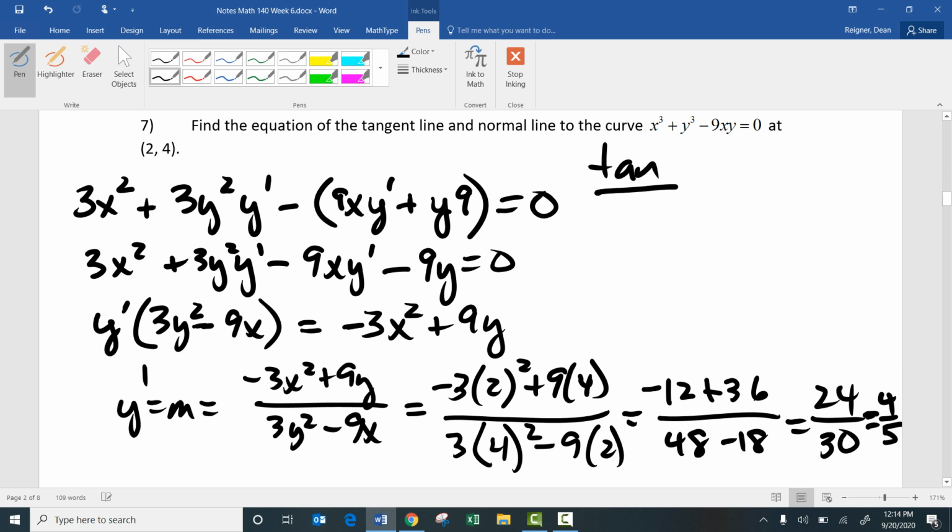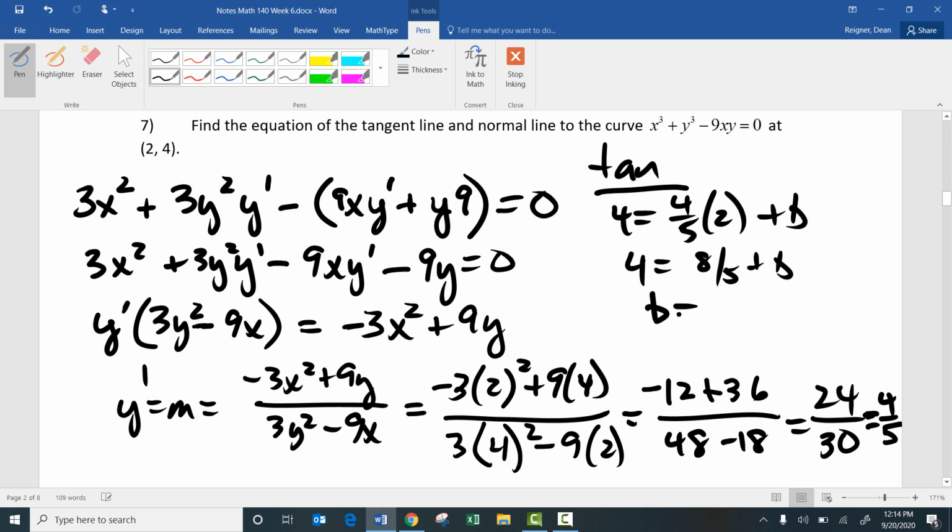The y guy is 4. Our slope is 4/5, and our x guy is 2, plus b. So 4 equals 8/5 plus b. So our b here, when you subtract it, you get 2 2/5.